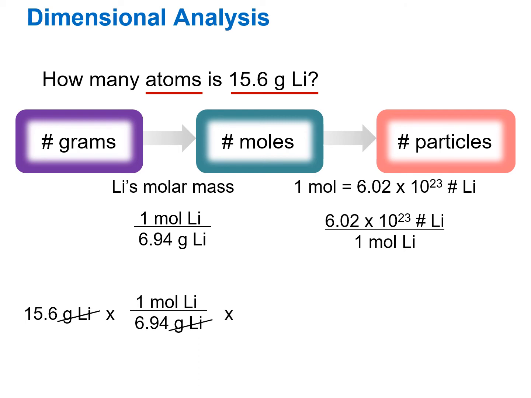Now we can drop in our second conversion factor. And we can even get rid of some repeating terms here. We can get rid of moles of lithium and moles of lithium. And technically the only units, and I'm doing air quotes, units, that are left are the number of lithium atoms. I don't write out lithium atoms because it's too long, but I do put that little hashtag meaning number in there so that you understand what I'm doing.